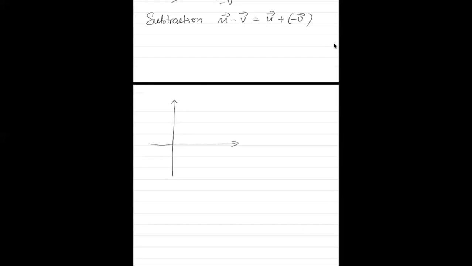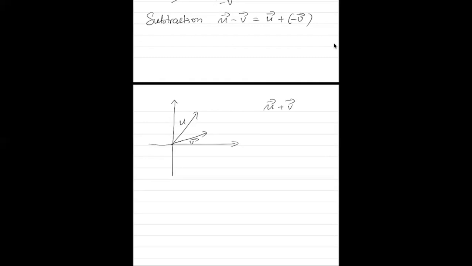Okay, so if I have a vector u somewhere here and a vector v over here, let's first show what the vector u plus v is, or where it is. So here's u, and we're going to translate v so it starts where u ends.